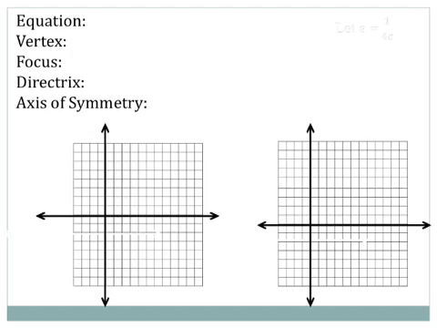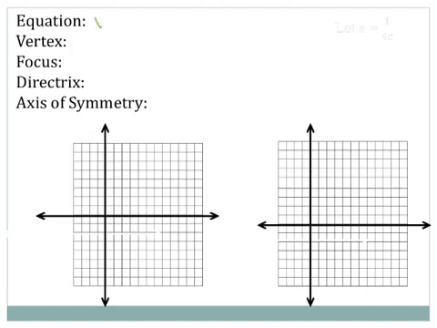Okay, so parabolas don't just face up and down, they also face left and right. So what I have here for you is a side-by-side comparison of the two different types of graphs. And they change a little bit depending on which direction they're pointing. Okay, so let's do the parabola that is oriented vertically, which means it points up and down.